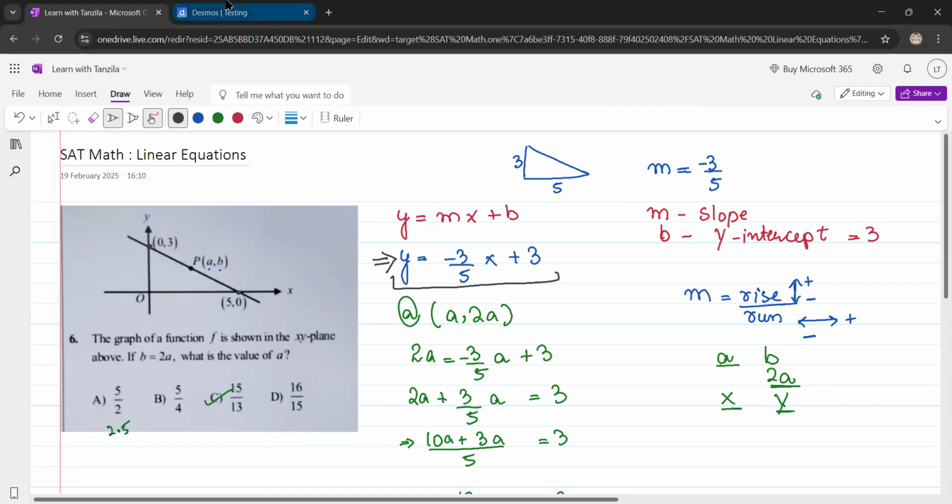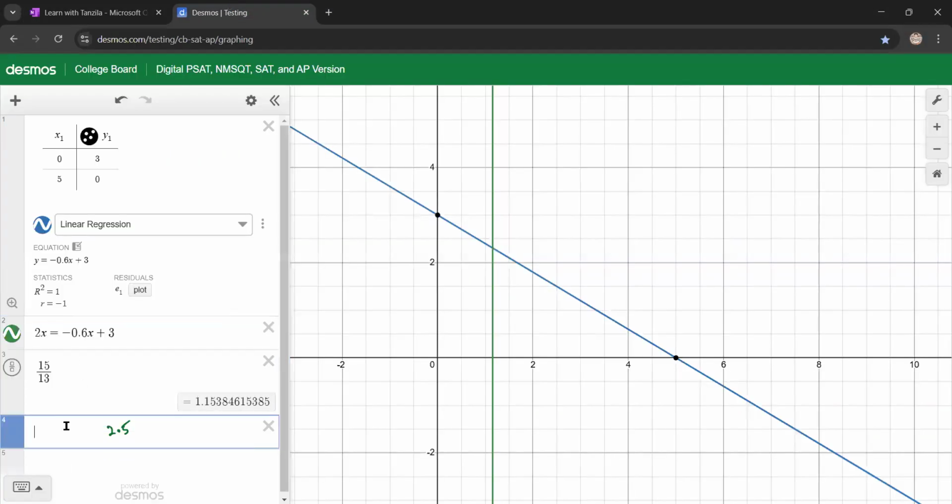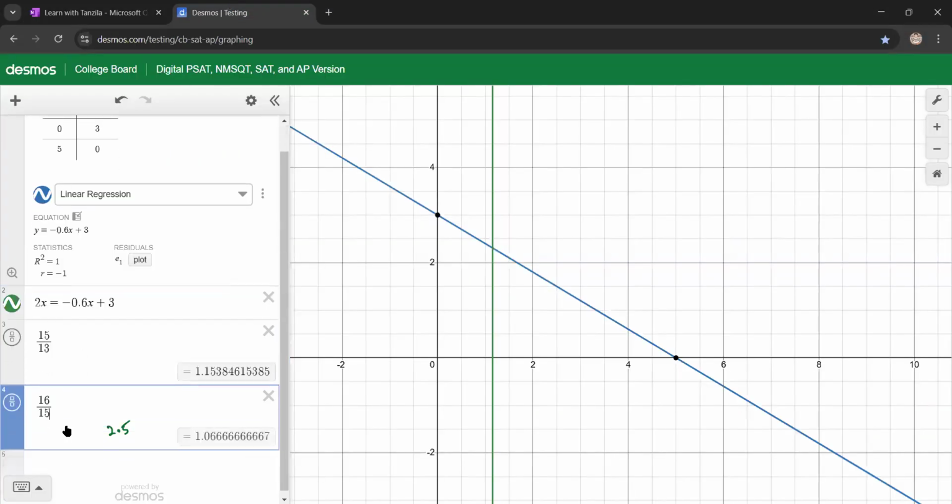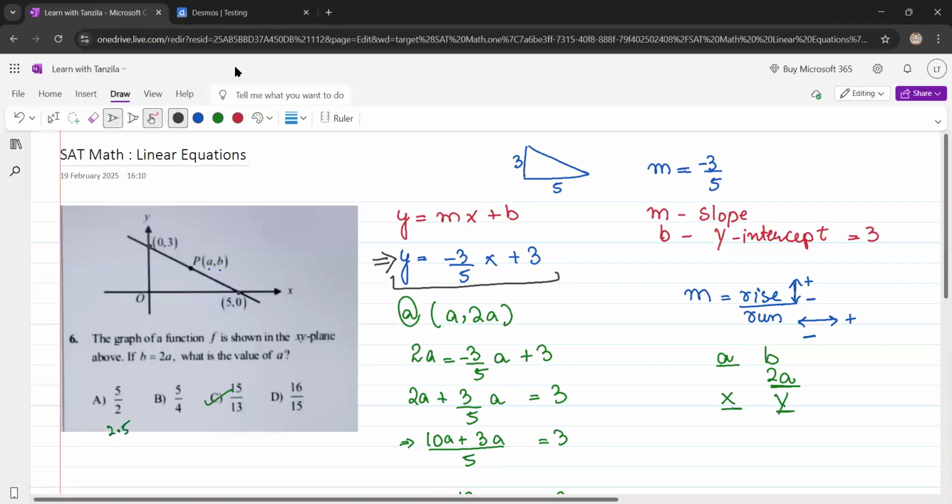And also you can check 16 over 15. This is 1.06. They are very close to each other, but it won't give you 1.15. That is also another thing to notice. So that's all about the question. Your final answer is option C.